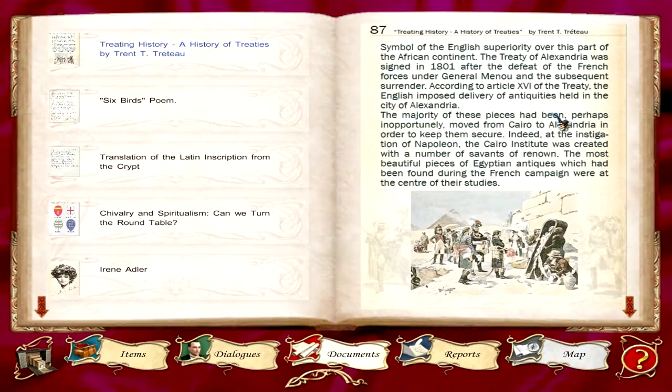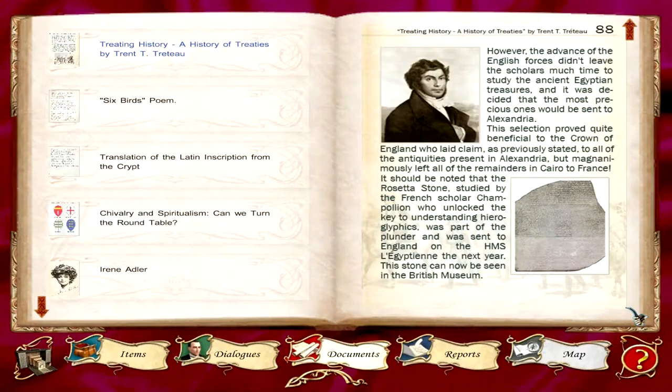The majority of these pieces had been perhaps inopportunely moved from Cairo to Alexandria in order to keep them secure. Indeed, at the instigation of Napoleon, the Cairo Institute was created with a number of savants of renown. The most beautiful pieces of Egyptian antiques which had been found during the French campaign were at the center of their studies. However, the advance of the English forces didn't leave the scholars much time to study the ancient Egyptian treasures, and it was decided that the most precious ones would be sent to Alexandria.